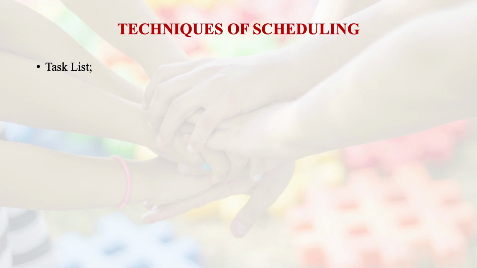Well, so far we have discussed various aspects of scheduling. But what are the techniques of performing scheduling? There are many different ways you can schedule a project, and one of them may be just creating a task list and a time schedule in that task list. That may be very simple.